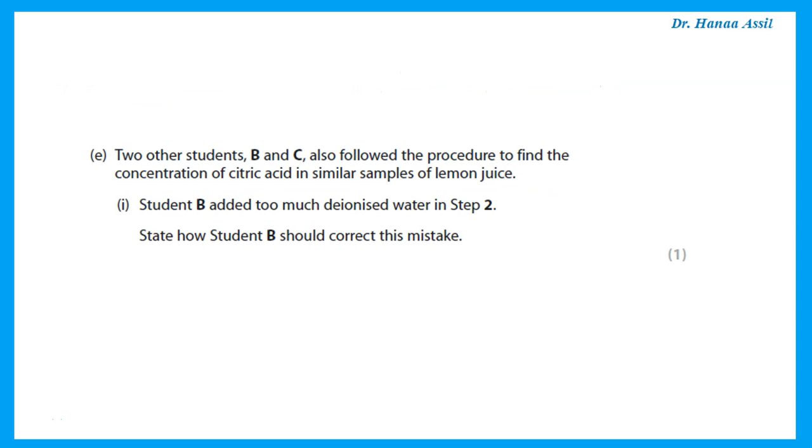Two other students, B and C, also followed the procedure to find the concentration of citric acid in similar samples of lemon juice, but student B added too much deionized water in step 2. What was step 2?